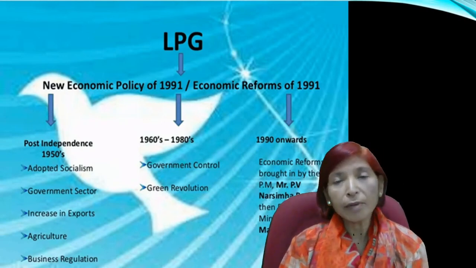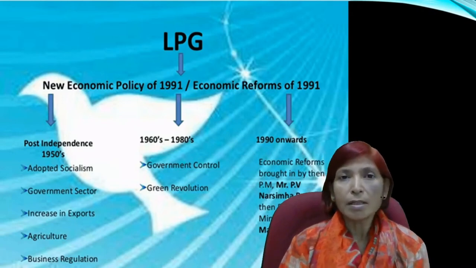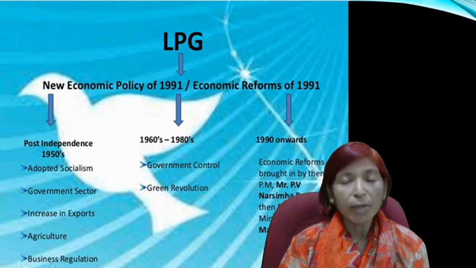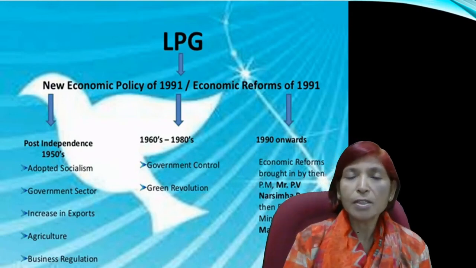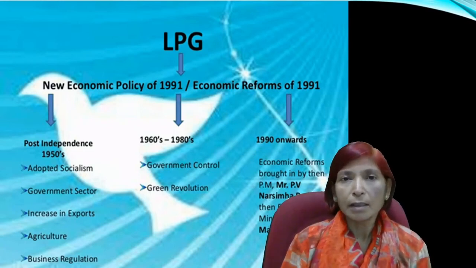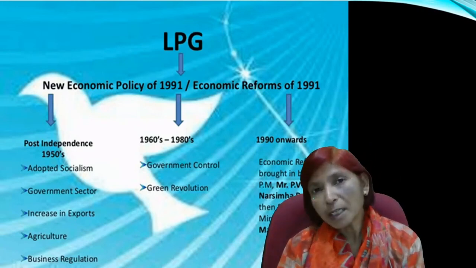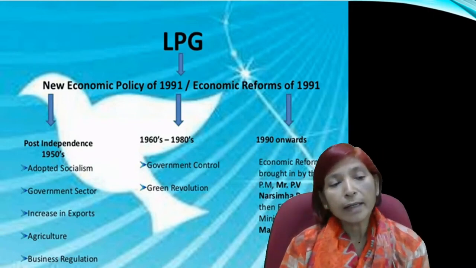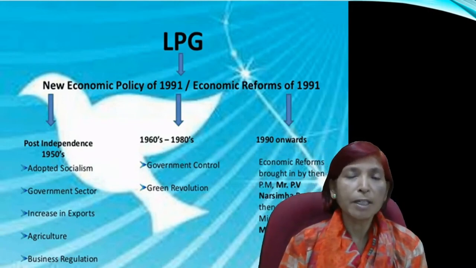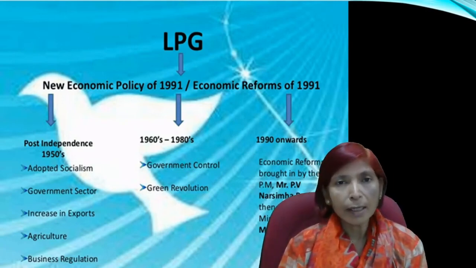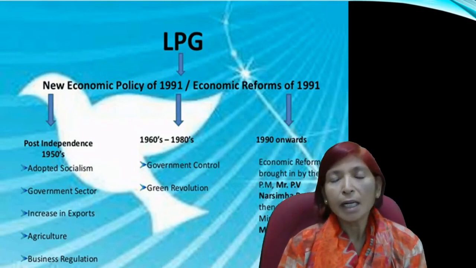But the balance between the private sector and public sector did not exist in each and every plan of the country, because sometimes the government emphasized the public sector, giving a lopsided emphasis in different economic policies. So in the 1950s, socialism was adopted. The government sector was playing a very important role at that time. The role of the private sector was very small.